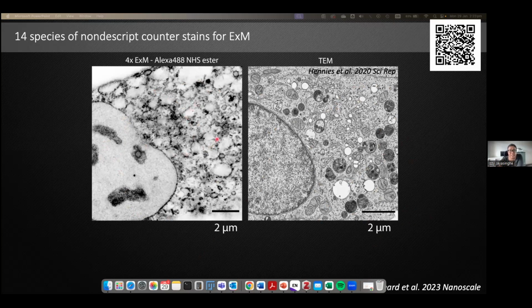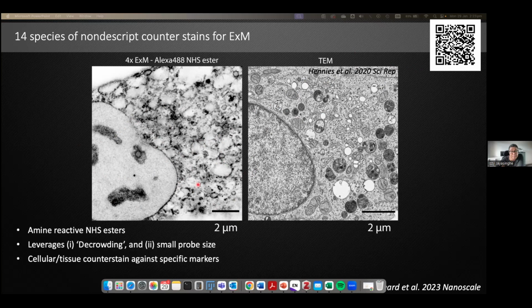The idea was that you could apply these highly reactive fluorescent ester versions of fluorescent dyes, and they would react with any available amines, and essentially would give you a map of the density of proteins in that sample. So these two images are of HeLa cells, and the resolution is not quite as high as in the EM, but you started to see some details that conventional fluorescence imaging wasn't able to show.